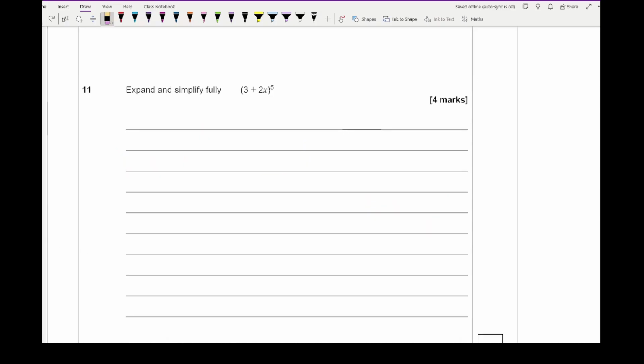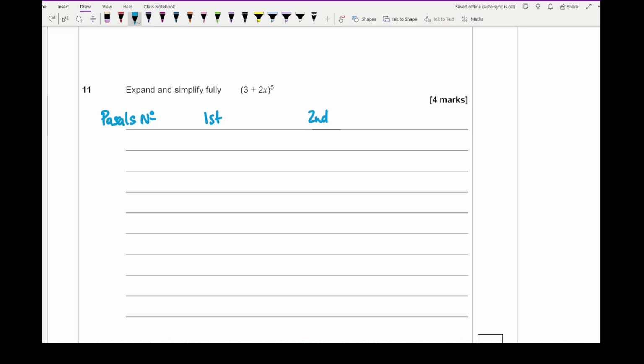Now moving on to question 11, it says expand and simplify fully 3 plus 2x to the power of 5. Now you could go as long as doing the multiplication with brackets, but it's not recommended. This is a binomial expansion question. With binomial expansion questions, you end up with a Pascal's number, you end up with the first term, and you end up with a second term.